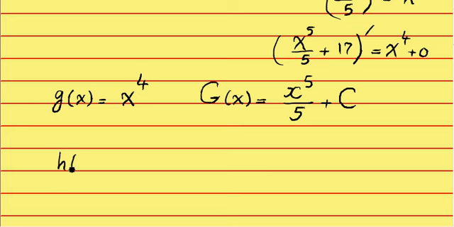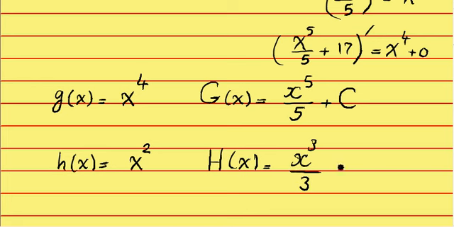Suppose I write h of x equal to x squared. What is the antiderivative? First of all, what letter should I use to call it by? So it is capital H of x, and what is the function itself? Well, we increase the exponent and divide by the new exponent and just add some constant.